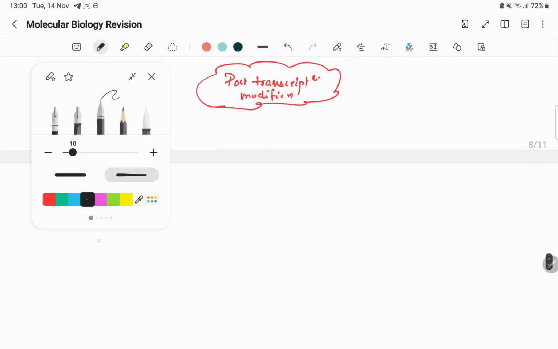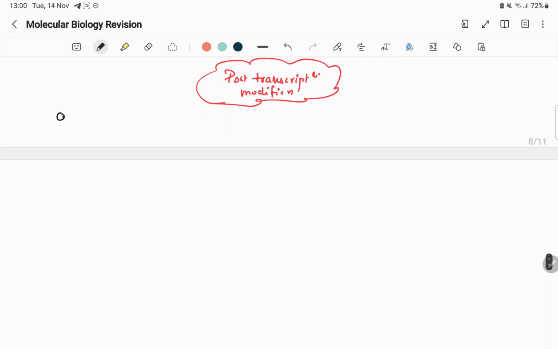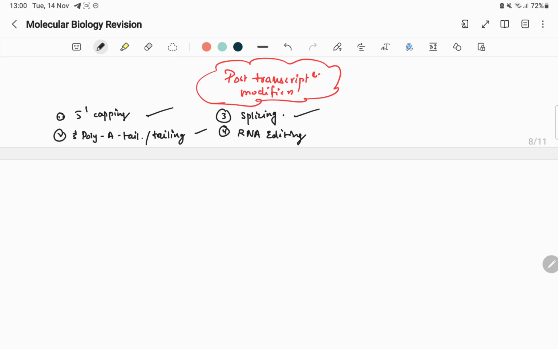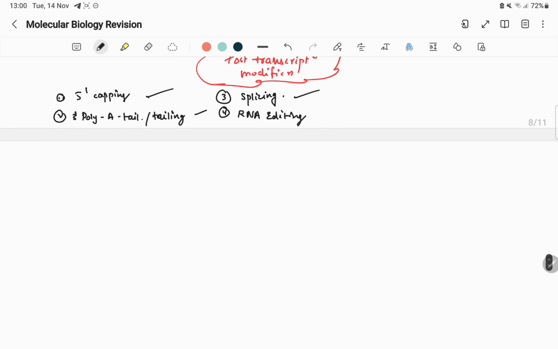So what you have is 5' capping, 3' polyA tailing, you can have splicing, and RNA editing. So we will discuss 5' capping, tailing and splicing here. RNA editing we will discuss in gene expression.